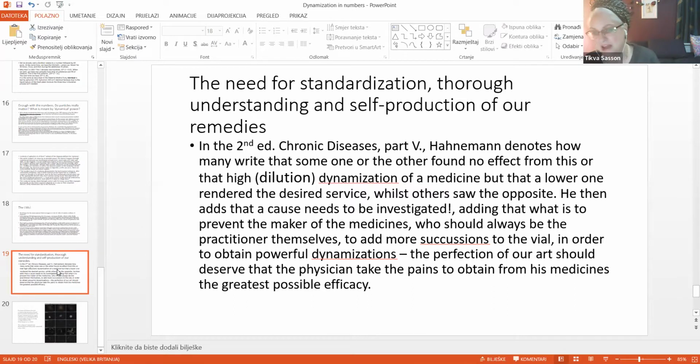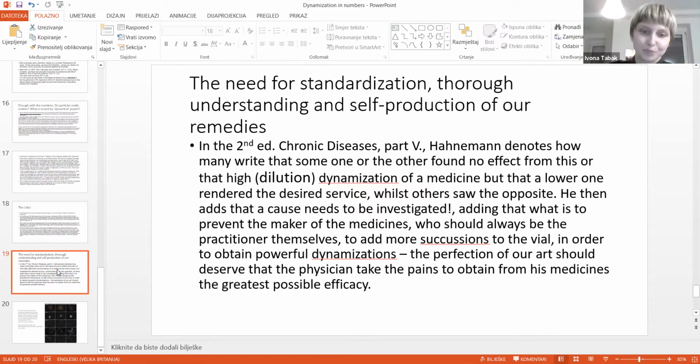Whenever Hahnemann says the word art, I think about art as being when to dose, when to redose, how to make medicines, when to re-give those medicines, as opposed to people nowadays saying homeopathy is an art, because we need to be really artistic about our prescriptions, artistic about how we approach our patient, artistic about where we are going to go here in the mind and there in the mind. That's not where I think Hahnemann intends the art to be.